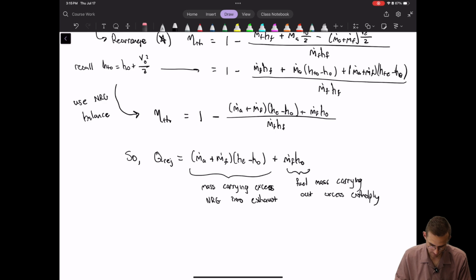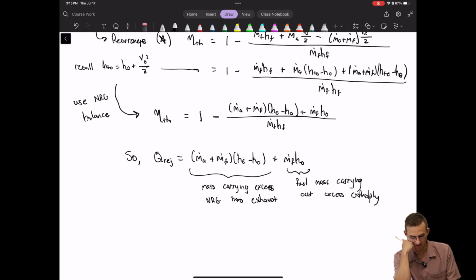And then the second term is basically resolving the paradox of this not truly being a closed system. So the fuel mass is carrying out some of that excess enthalpy. All right, so there are a few different ways you can express the thermal efficiency here, but mainly we just wanted to get a better understanding of where the energy is flowing in the system.